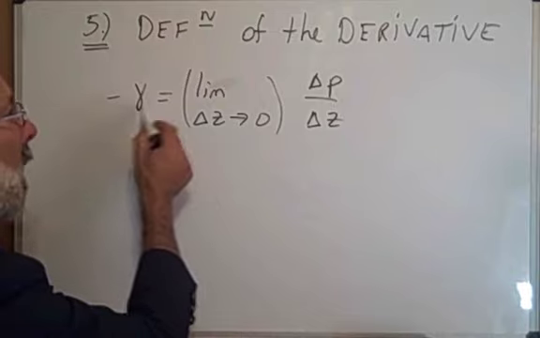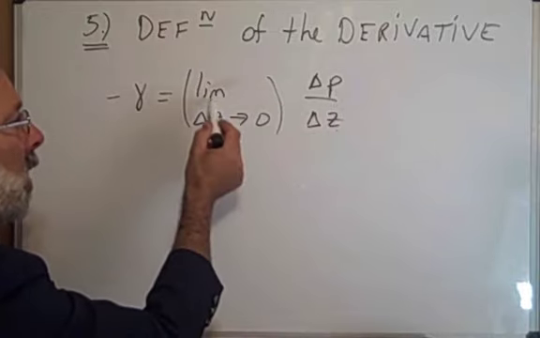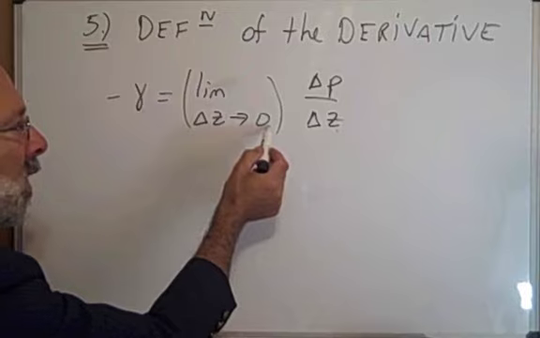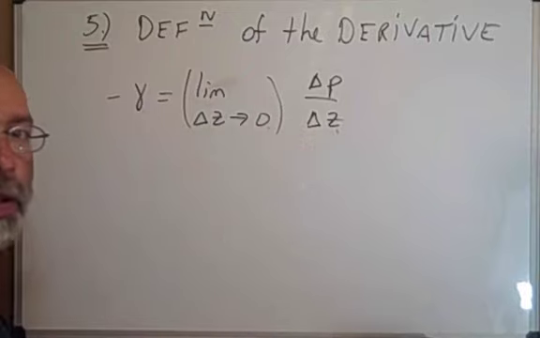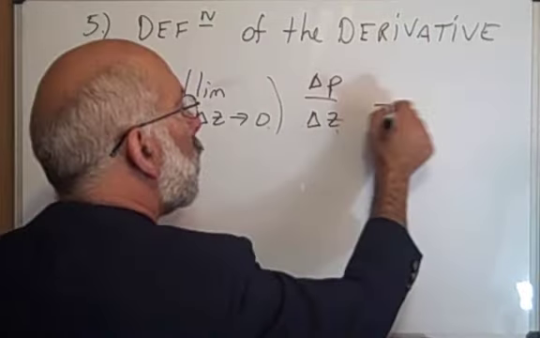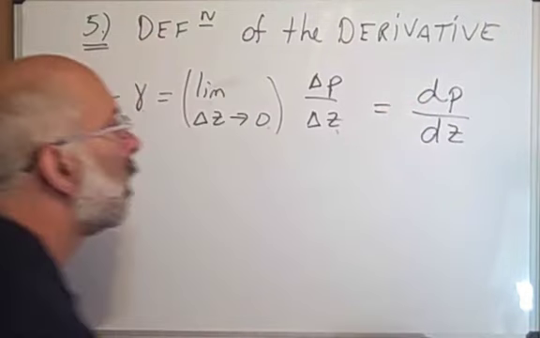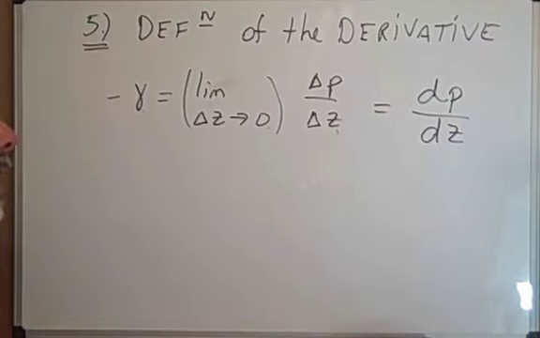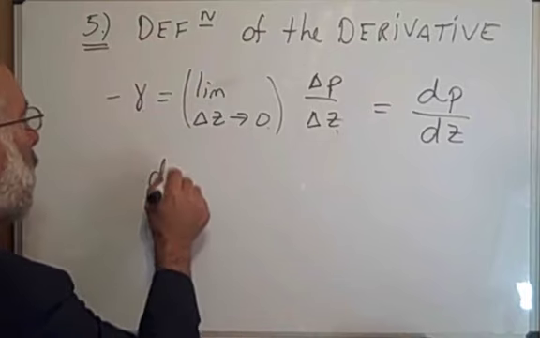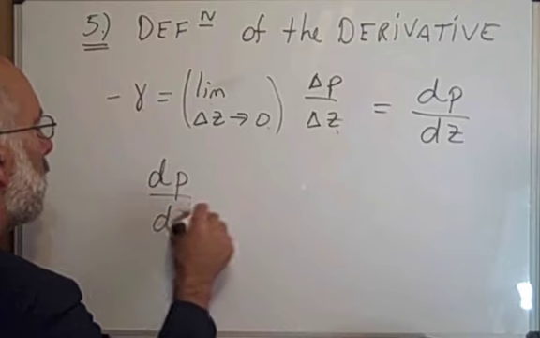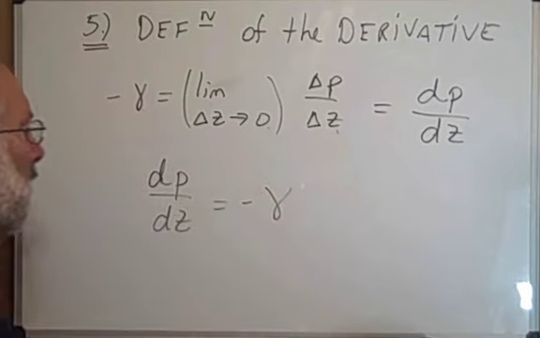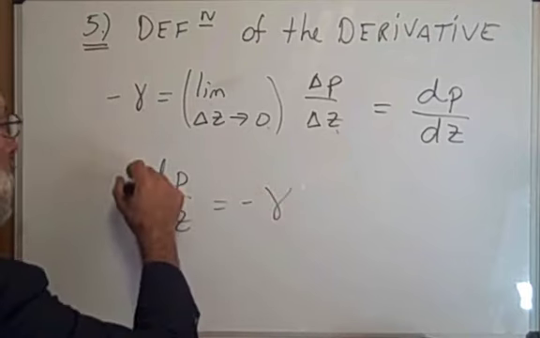So we have minus gamma as delta P over delta Z. We can take the limit as delta Z goes to 0. This becomes the definition of the derivative. And therefore we can write that as the first derivative of pressure with respect to elevation, or more commonly dP dZ equals minus gamma. We are done with the derivation.